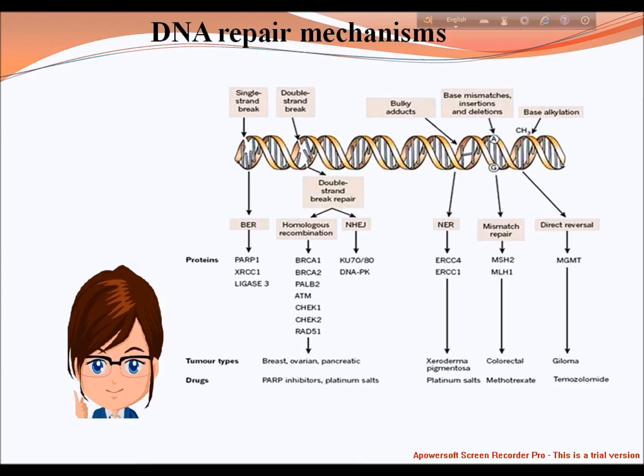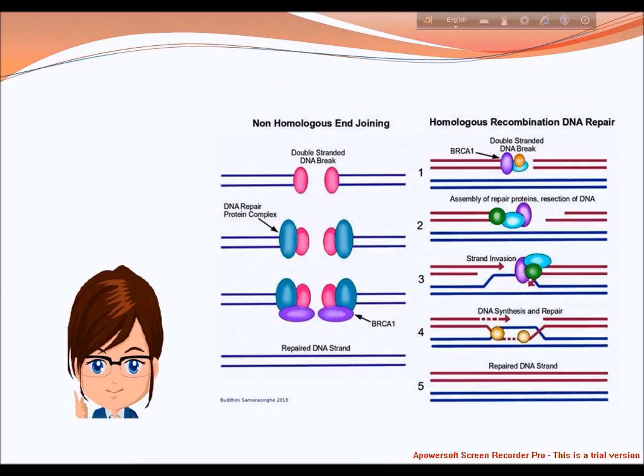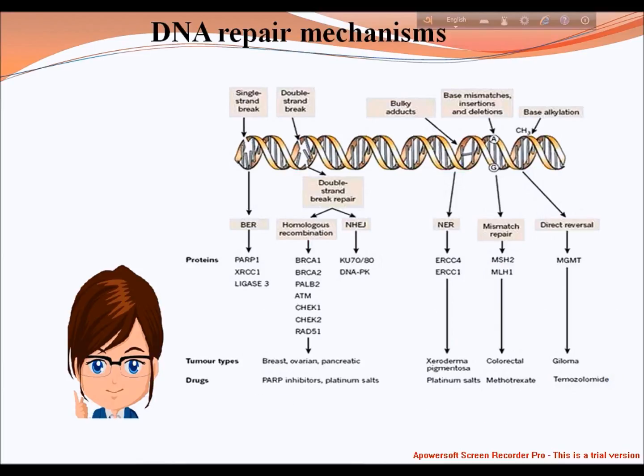The direct reversal. Cells are known to eliminate three types of damage to their DNA by chemically reversing it.